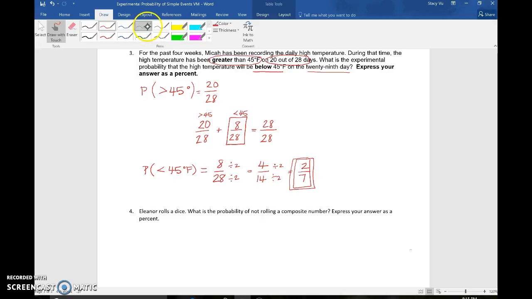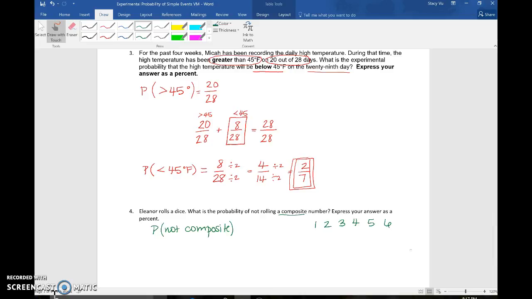Okay, last one. Eleanor rolls a dice. What is the probability of her not rolling a composite number? Okay, so the probability of not a composite is what I'm looking for. Okay, so not a composite.